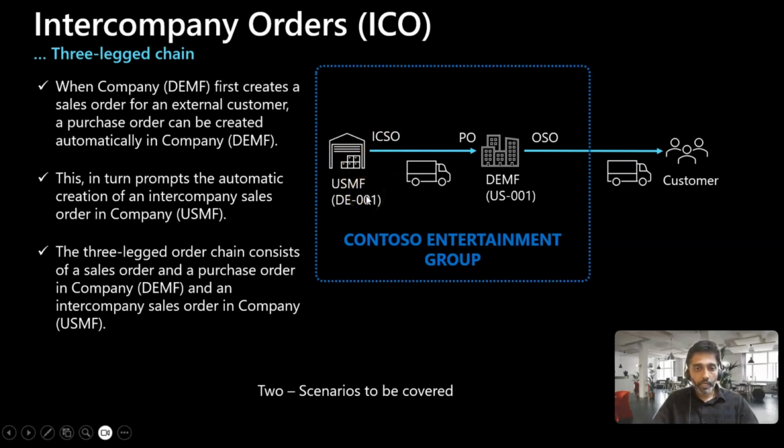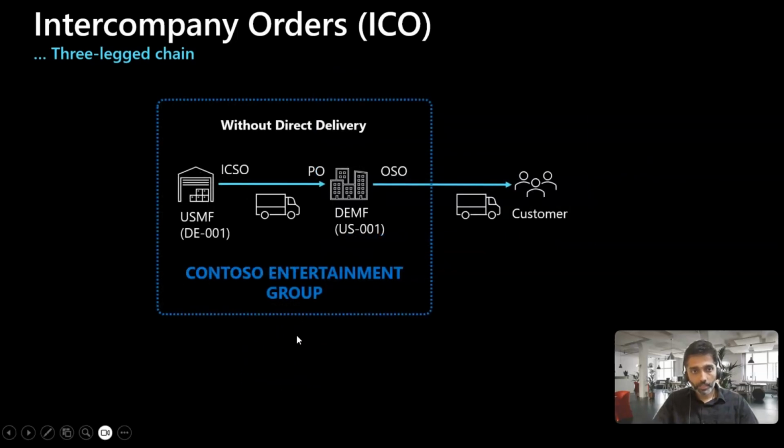Before getting into the demo, we will divide it into two scenarios, right? The first scenario is without direct delivery, and the second scenario will be with direct delivery. Without direct delivery, let's imagine that the order is raised by DEMF for mid-range speakers for the customer.